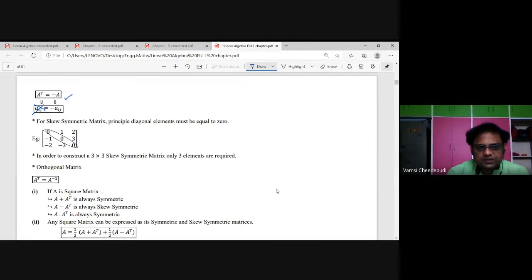This one should be the Aji element. The Aji element should be equal to minus of Aij. It means that if you take the second row third element, for this you need to take the third row second element. We are talking about skew symmetric, so you need to take the additive inverse of that. If it is 5, then you have to take minus 5.